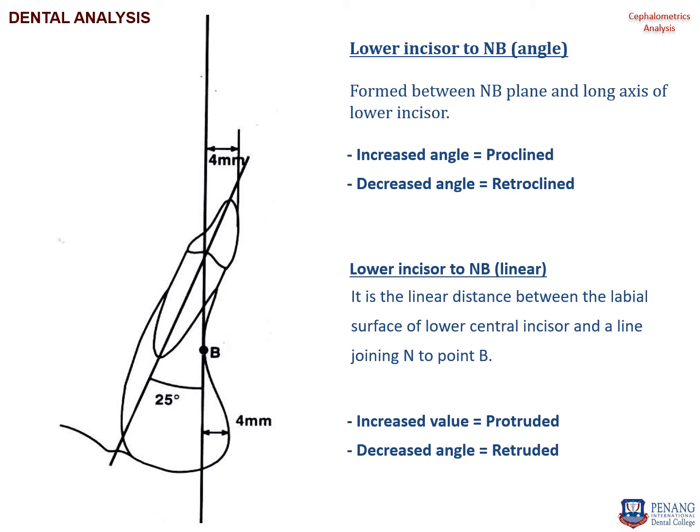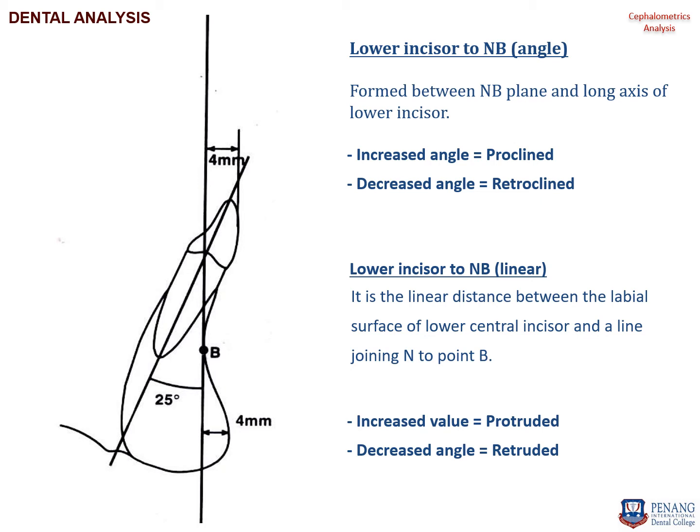Here the points of reference are NB and the long axis of the lower incisor. If the angle is increased, or more than 25 degrees, you can say that the lower incisor is proclined. However, if you see a decreased angle, you can easily make out that the tooth is retroclined.